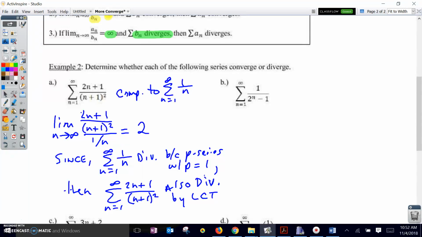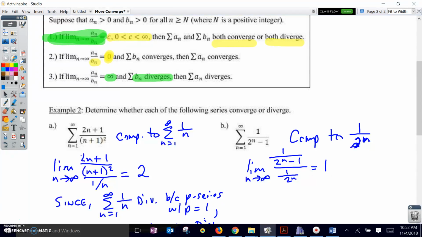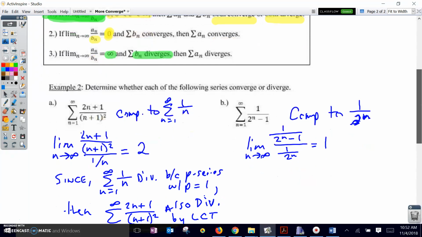Alright, let's compare the series in part B here. We'll compare it to 1 over 2 to the n. The limit as n goes to infinity of 1 over 2 to the n minus 1, over 1 over 2 to the n, equals 1. So they share convergence or divergence behavior.